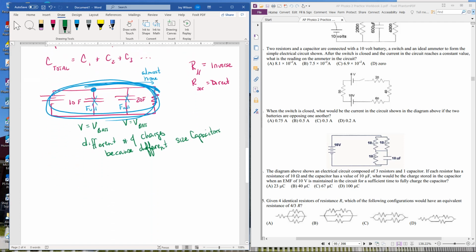So the question becomes, how do you discharge them? Discharging a capacitor is really rebalancing the plates.